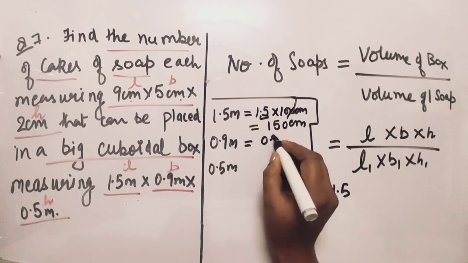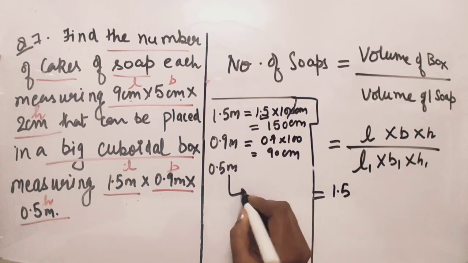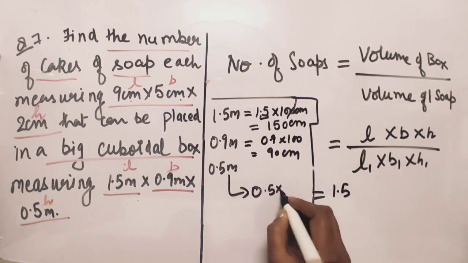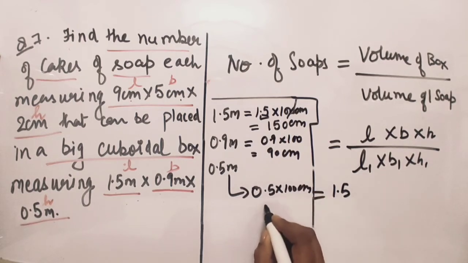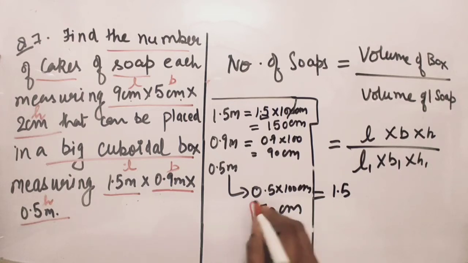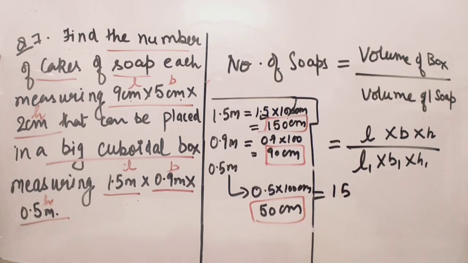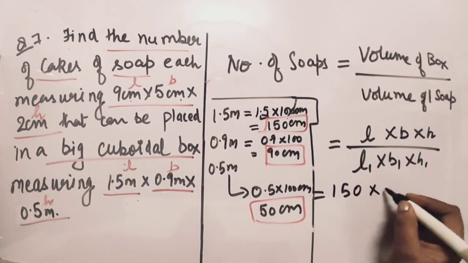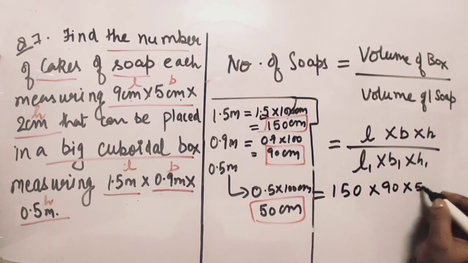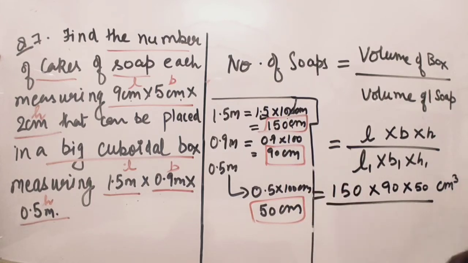Here it will be 0.9 into 100, so it will be 90 centimeter, and this will be 0.5 into 100, so it will be 50 centimeter. So we have converted into centimeters. You can see here centimeter, centimeter, centimeter. Now put the same values here. So I'm going to put 150 into 90 into 50.